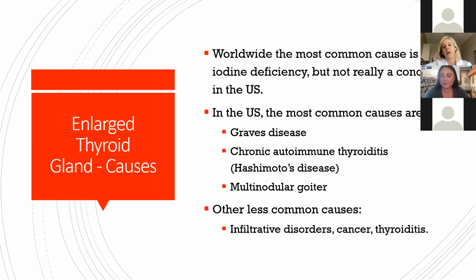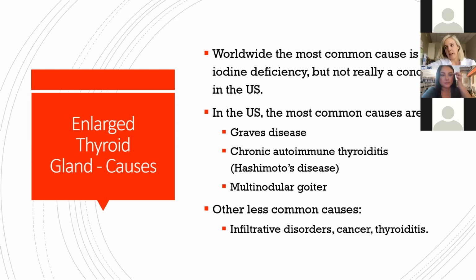Now, in the United States, the most common causes of a goiter would be things like Graves' disease, which is autoimmune hyperthyroidism, a chronic autoimmune thyroiditis, which is Hashimoto's disease, and that typically leads to hypothyroidism, and then multinodular goiter. Less common causes would be malignancies, either an actual thyroid cancer itself or lymphoma can cause a rapidly enlarging goiter.